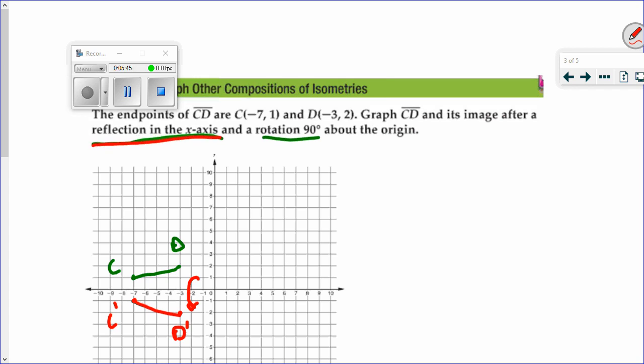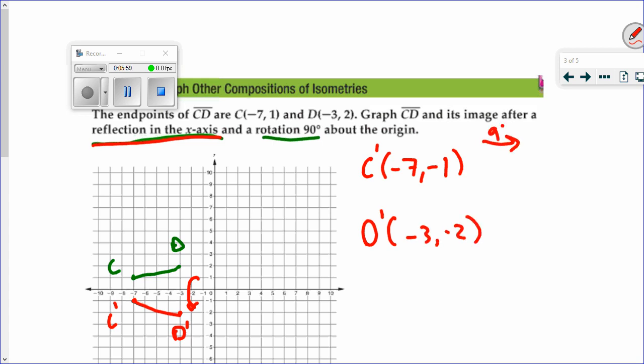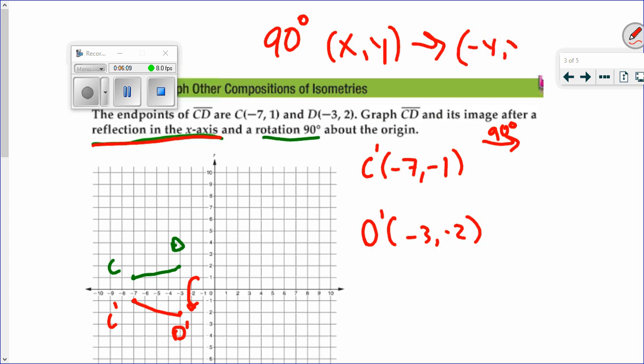Now we want to rotate those points. We want to rotate the point -7, -1, that's C prime, and then the point D prime, which is -3, -2. We want to rotate these 90 degrees. If you remember your rules of rotation, a 90-degree rotation takes the point x, y and maps it to -y, x.